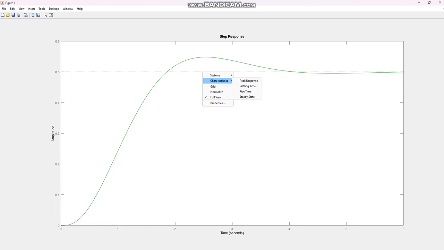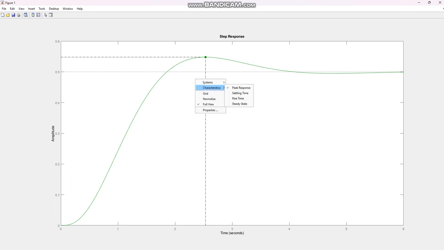Students need to click on characteristics and tick the data that they want to see. As I clicked just now, this is the peak response of this graph.